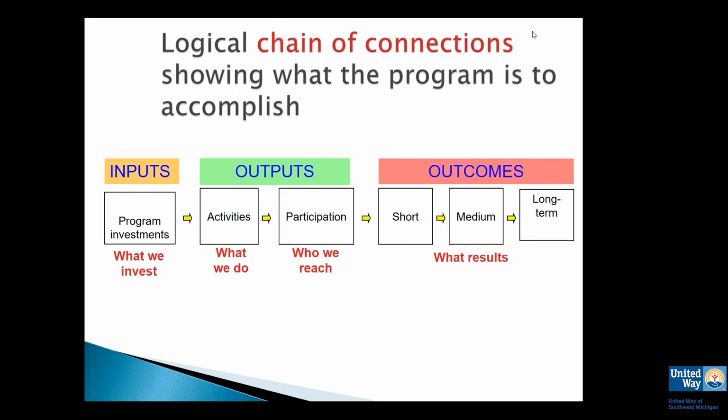Those are really hard to measure and track over time, because of the complexity of people, who can be difficult to track down, and so many variables impacting it. So usually when we're talking about outcomes, we're talking about short-term and possibly medium-term.